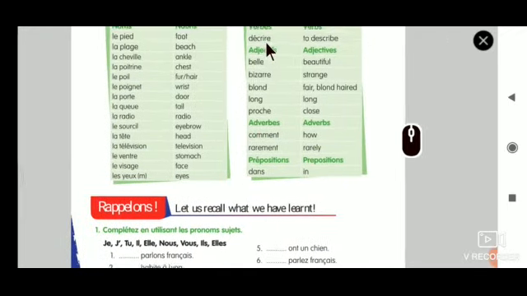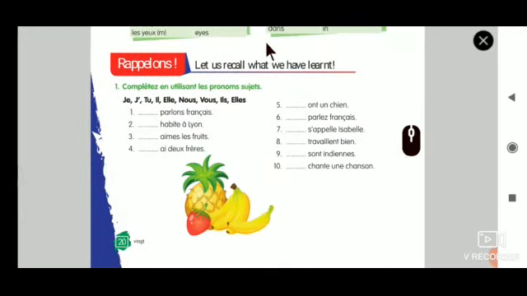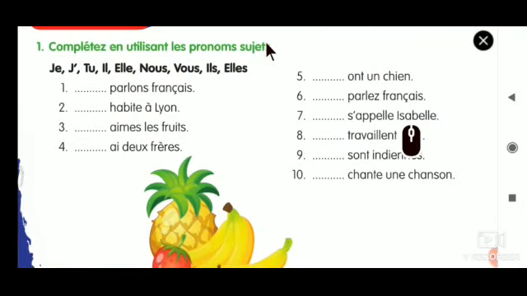Regarding exercise number 1, multiple times we have revised this. In the online test I have asked it twice, so this is one important exercise. You can revise here itself. In case we have written the answers here, erase them, and with a piece of paper try to answer it, and cross check your answers.